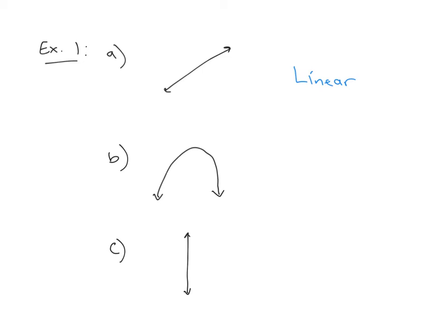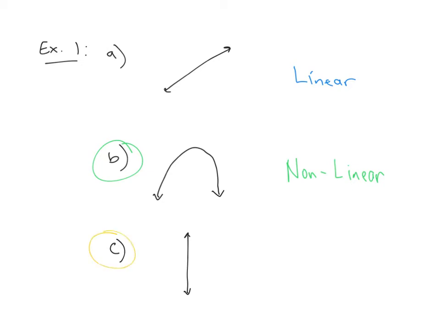Example 1b, this one right here, that one is curved, right? It's kind of like U-shaped, so this one is going to be non-linear, not linear, because it's not a straight line. So if it's not a straight line, then it's not going to be linear. So anything that is curved is non-linear.